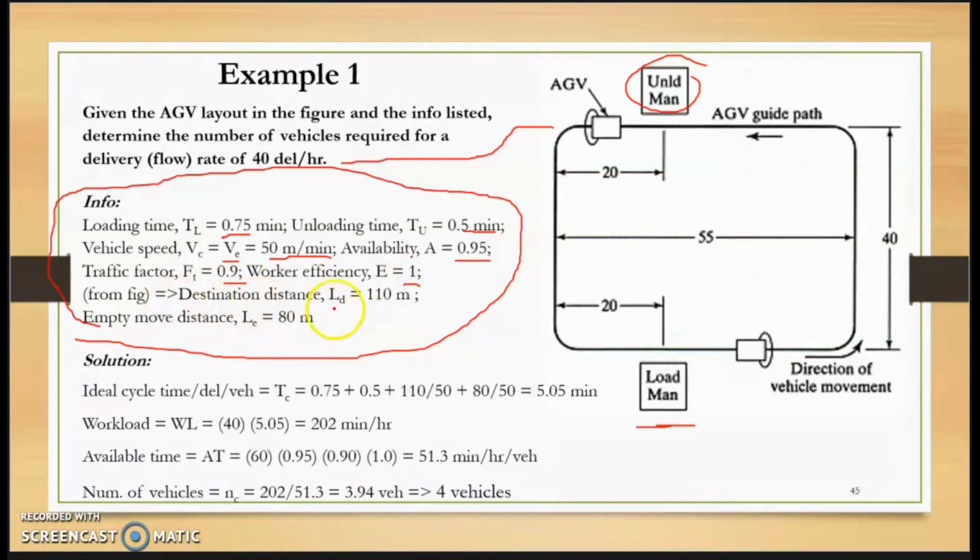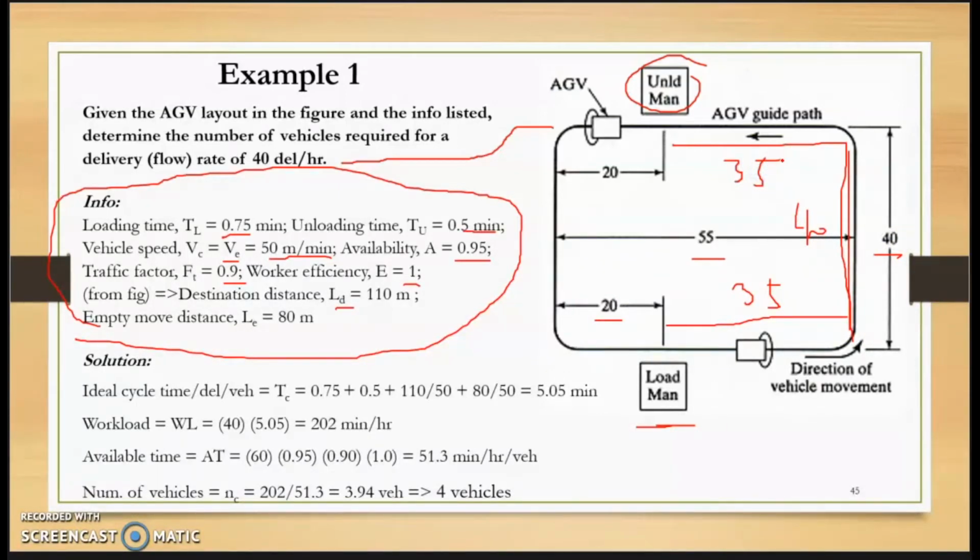And the destination distance LD is from here, here, and here. So basically this one is around 35, because 55 minus 20. This length is about 40, and again this one is 35.